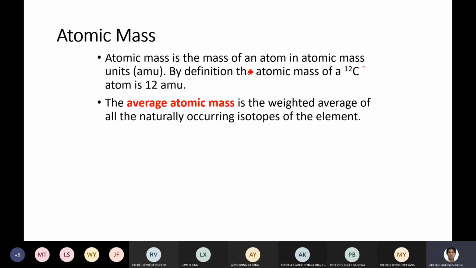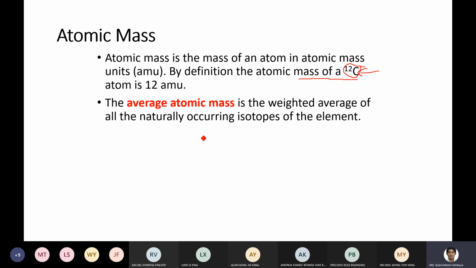The carbon 12 isotope has exactly 12 AMU. The 12 AMU is the mass that carbon 12 has. So it is the standard, and the other elements are matched and referenced against this carbon 12 for the atomic mass unit.